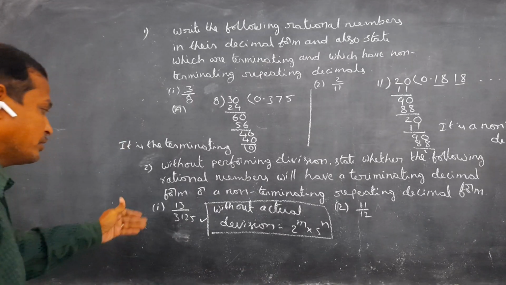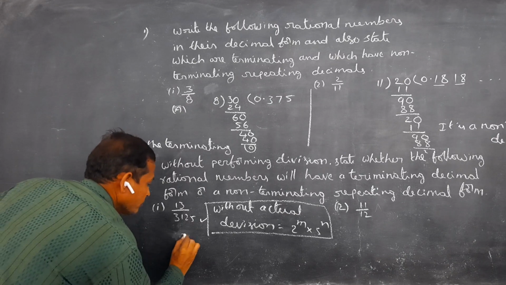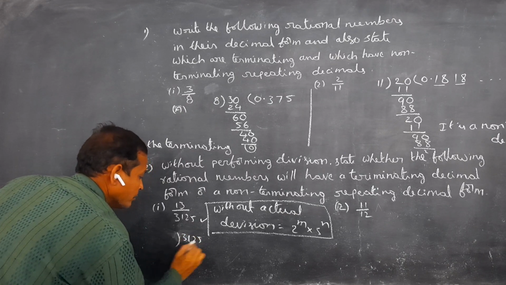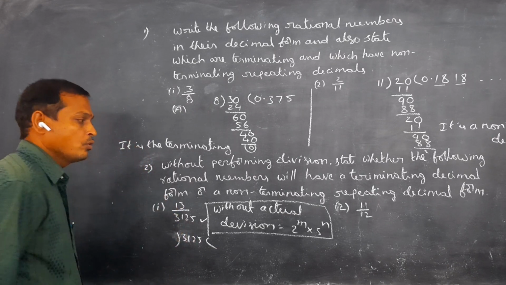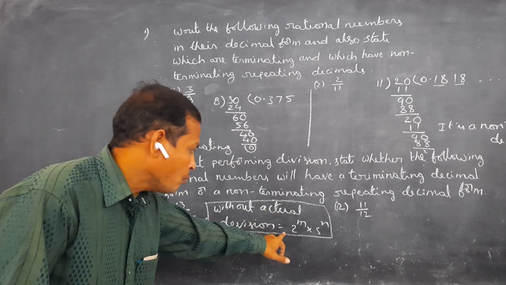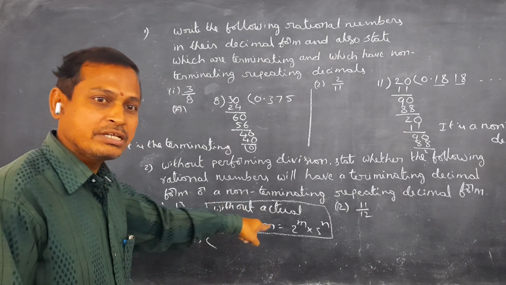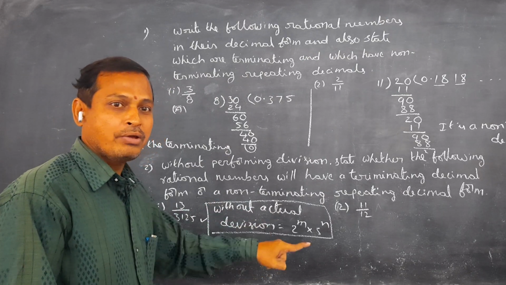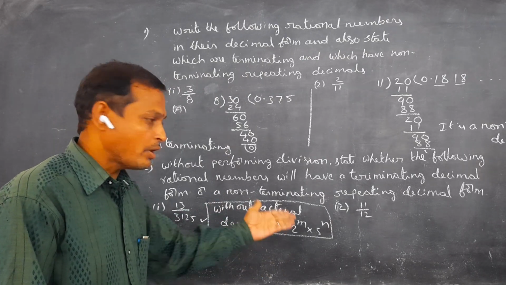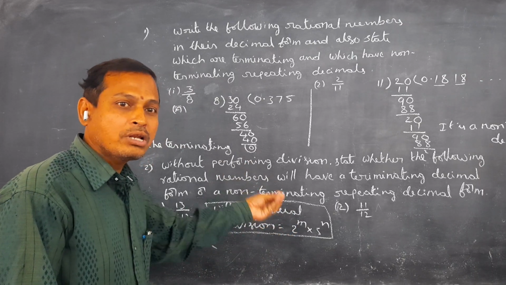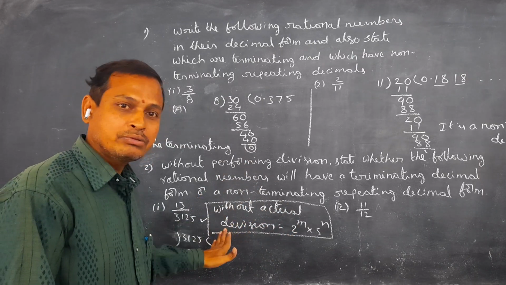For example, in the first sum, 3125 division, we can use 2 or 5 only, or both, without actual division.